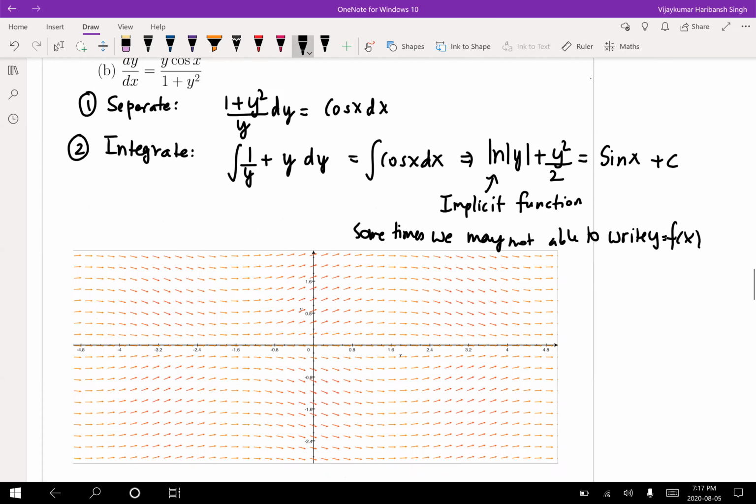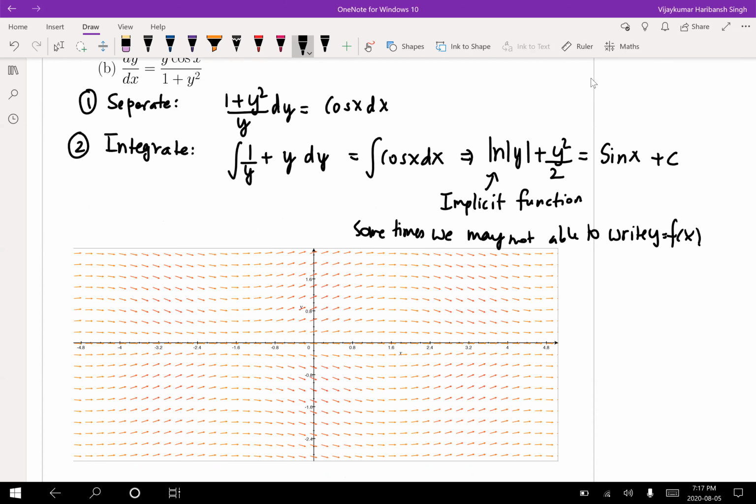For example, here the solution corresponds to, just tracing one of the paths and then tracing another one for the same value of y, see that this is one of the solutions. So it cannot be written as y as a function of x. So sometimes this is not possible to do.